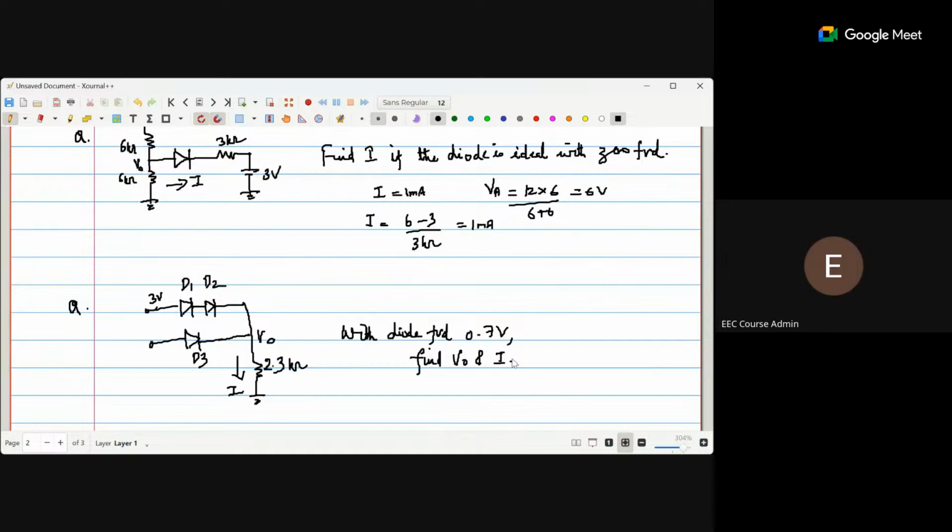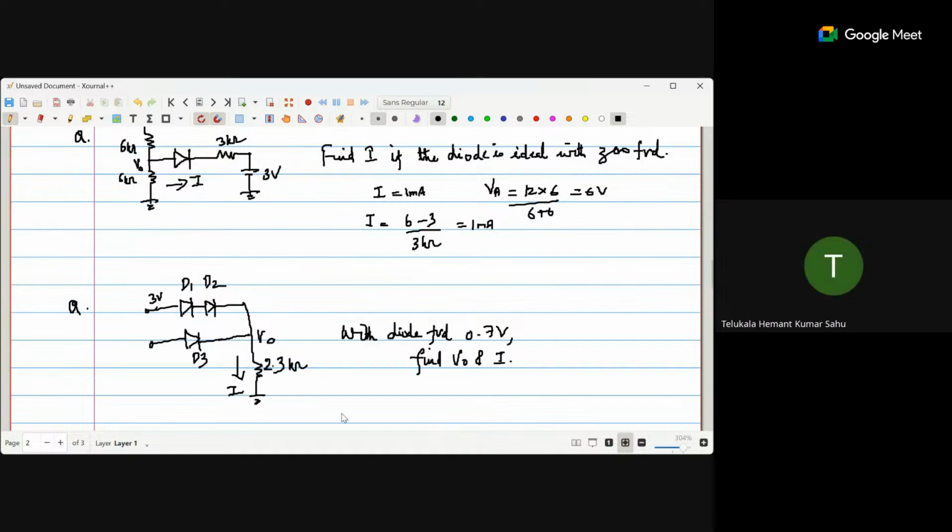A diode forward voltage drop 0.7 volt. Find V0 and I. And what is the value of voltage across the 3 anode, ma'am?